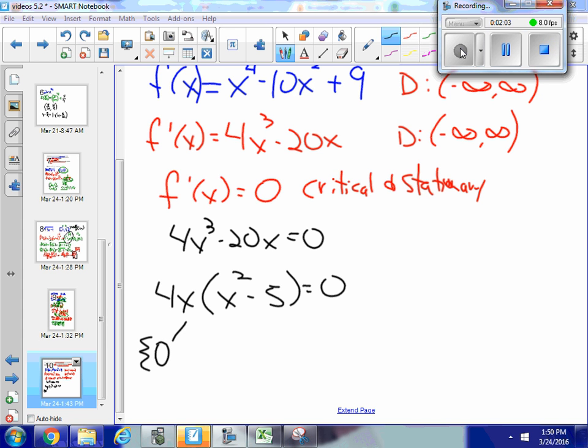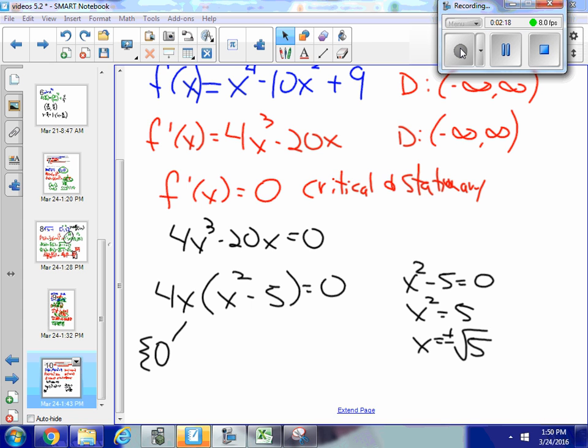And the other ones, well, x squared minus 5 equals 0, x squared equals 5, x equals plus or minus radical 5. So I have 3 points where I'm going to have critical and stationary points: 0, radical 5, and negative radical 5.